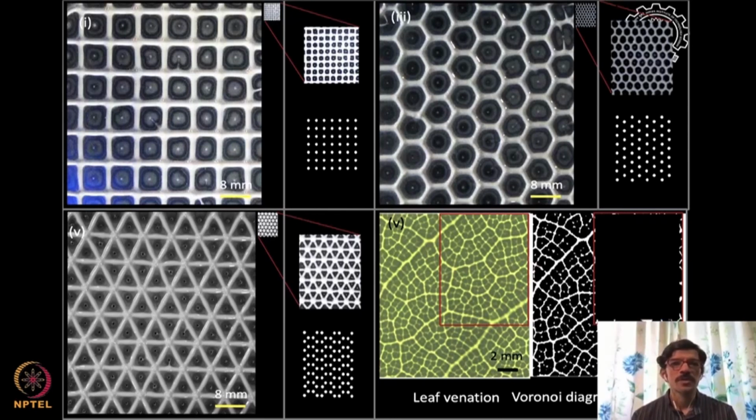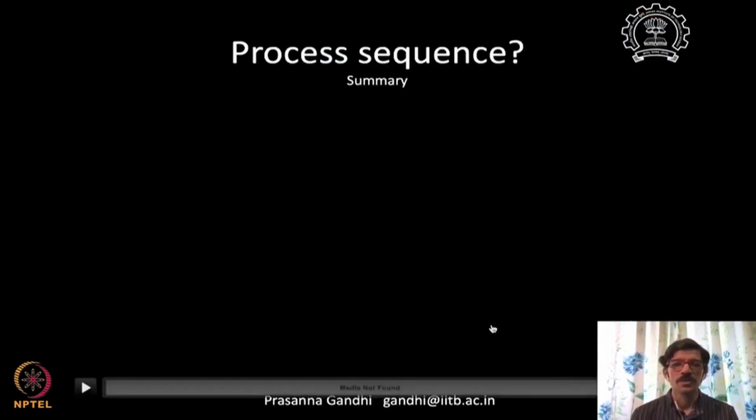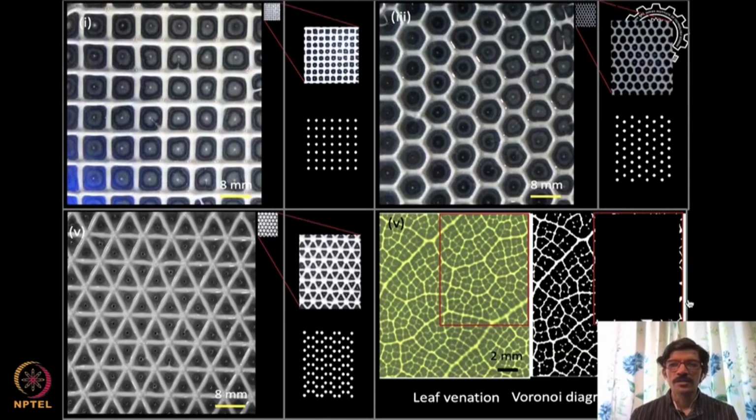You can get square patterns, you can get hexagonal patterns, and you can mimic the leaf completely. The leaf veins: we took this image, and by processing the image we found out what anisotropies are to be there on our cell plates, and we can reproduce that also. This image is missing here, but that image was showing the reproduced part of these veins.